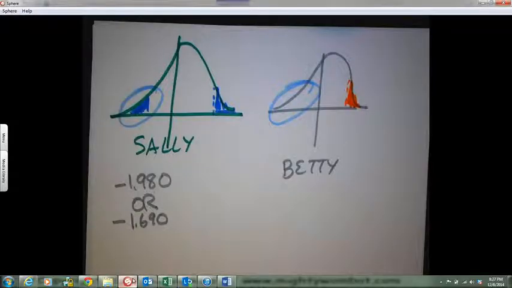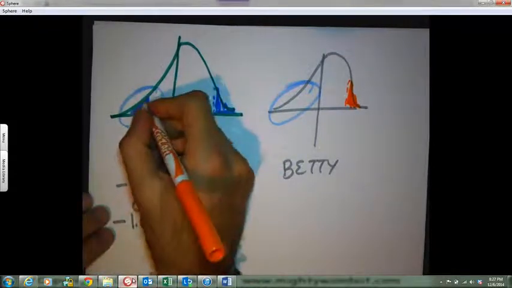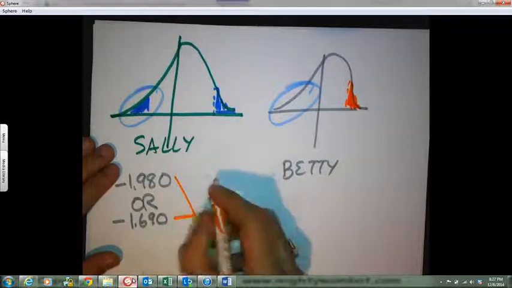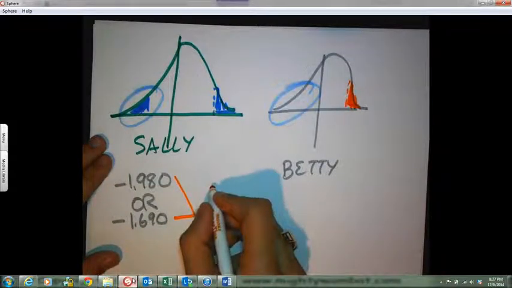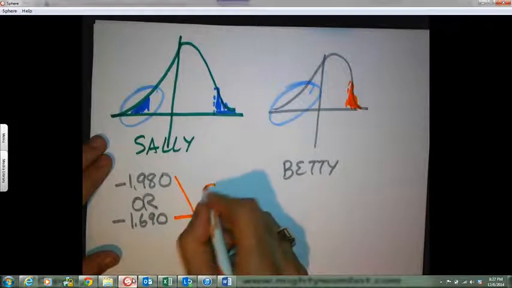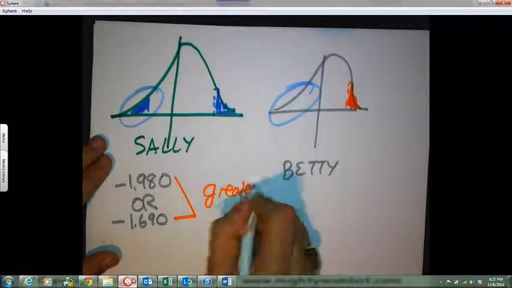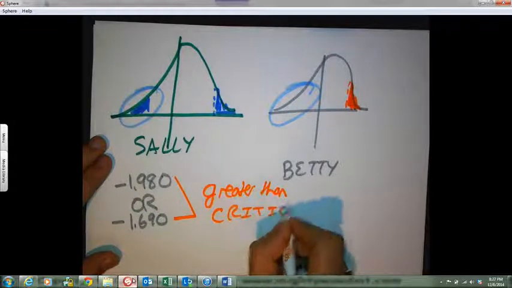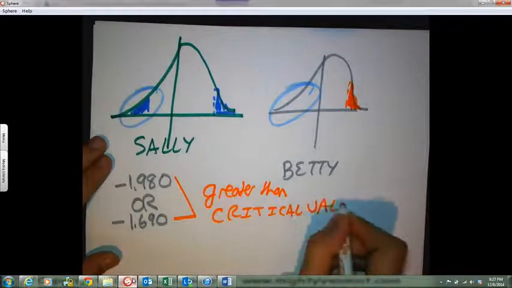Well, what is the t-stat for Sally? Let's find out. Remember, the test for significance is which of these is greater than the critical value. Now, what is the critical value?